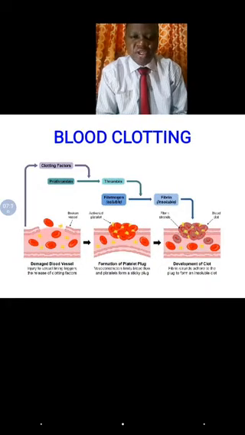You have the thrombokinase converting prothrombin to thrombin, then thrombin converting fibrinogen, which is a soluble substance, to fibrin, which is insoluble, which eventually helps to cover the surface of the wound and prevent further loss of blood. I hope you all understood what we've talked about.